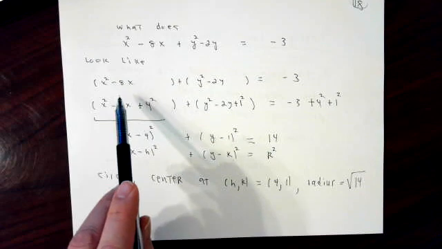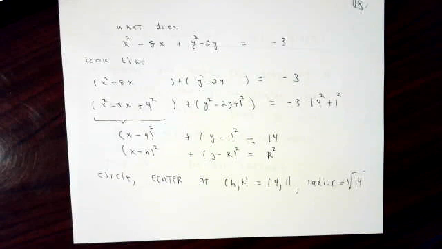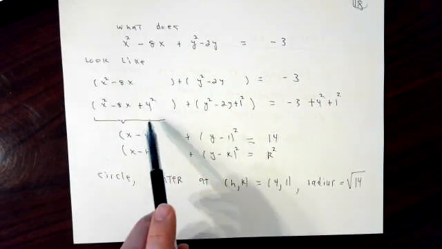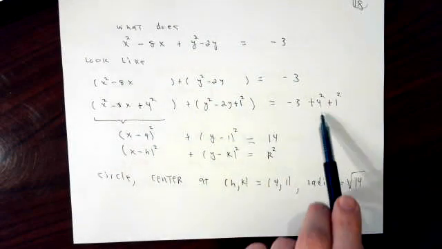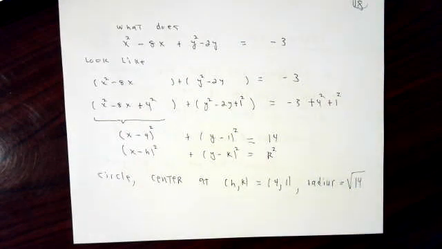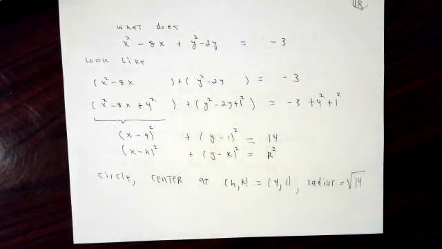I've got x squared minus 8x, and I'm thinking to myself, cut the 8 in half to get 4, square that, and add it. So I'm going to add 4 squared, both on the left side and the right side to keep things equal. y squared minus 2y, half of 2 is 1.